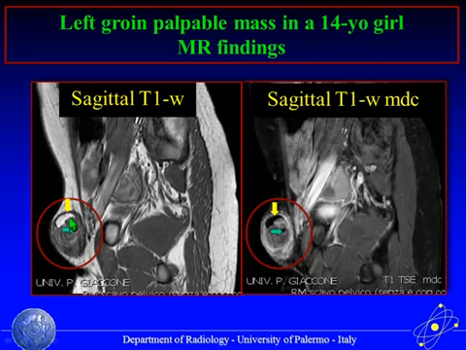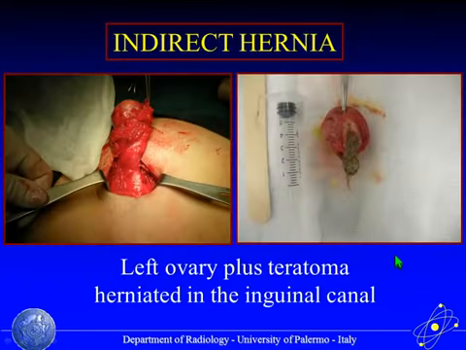There's an area over there that is hyperintense, and the area becomes hypointense in this sagittal T2 weighted image with fat saturation. And this lesion shows a contrast enhancement after the gadolinium injection. So this is a mass in this area, and the final diagnosis was left ovary plus teratoma herniated in the inguinal canal. So a sliding hernia in this young girl. In this case it was an indirect hernia.